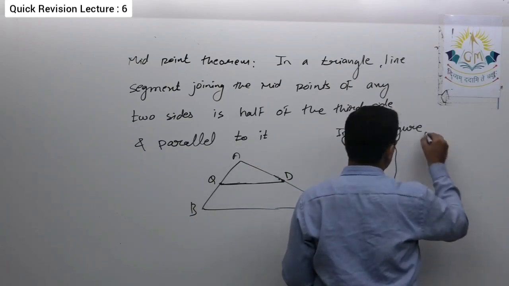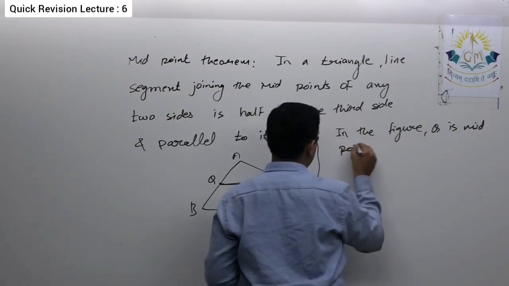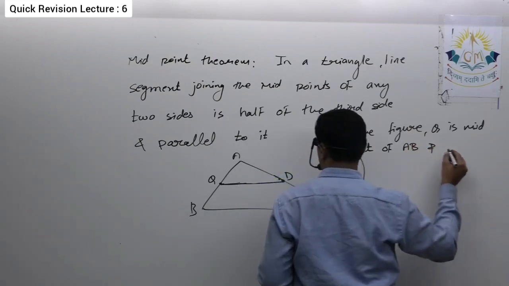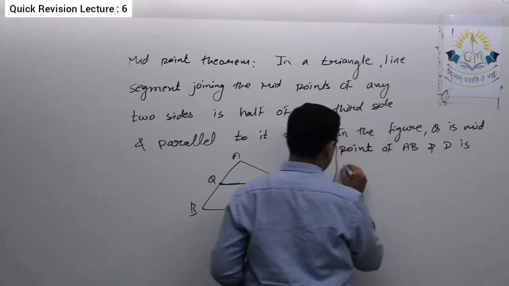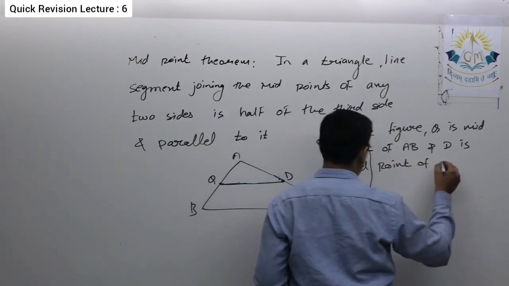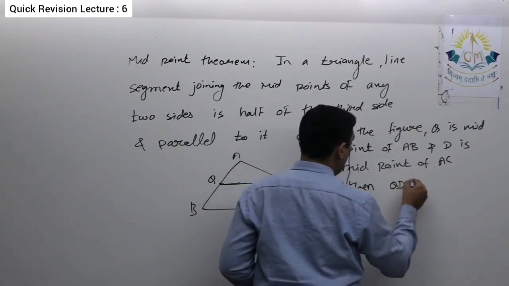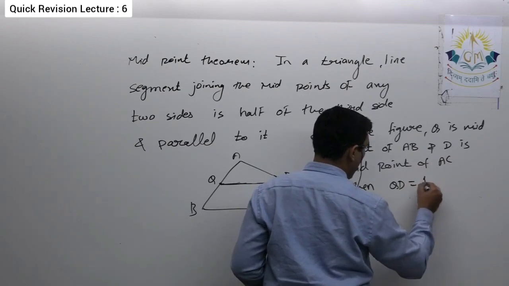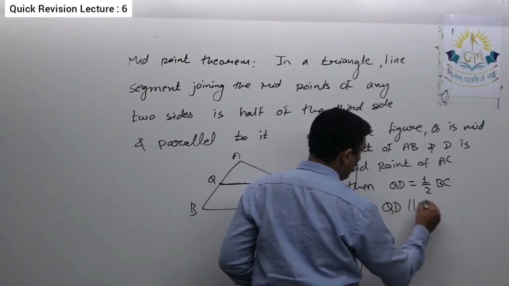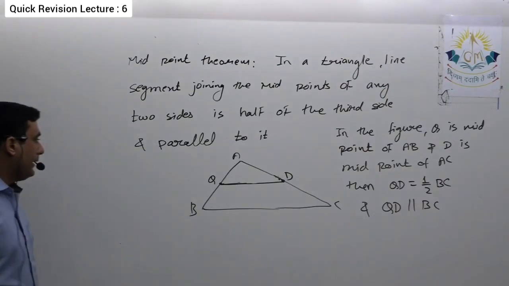In the figure, Q is the midpoint of AB and D is the midpoint of AC, then QD is equal to half of BC and QD is parallel to BC.